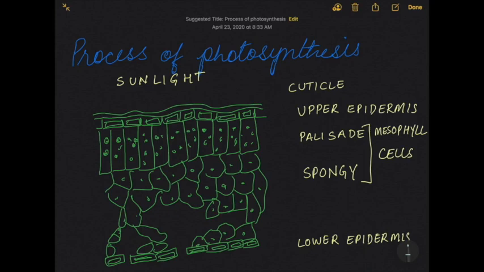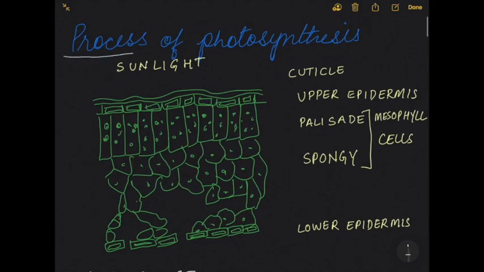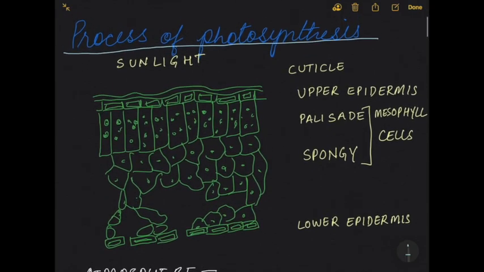Now to continue with the photosynthesis chapter, today we will start with the process of photosynthesis. You all know that photosynthesis takes place in the leaves, especially in the palisade mesophyll cells and the spongy mesophyll cells. And sunlight seeps in through the transparent cuticle and the upper epidermis.